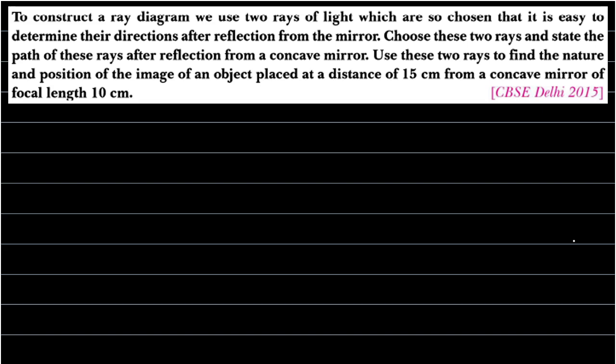Use these two rays to find the nature and position of image of an object placed at a distance of 15 centimeter. U is minus 15 centimeter and F is minus 10 centimeter. That means object is placed between focus and center of curvature.